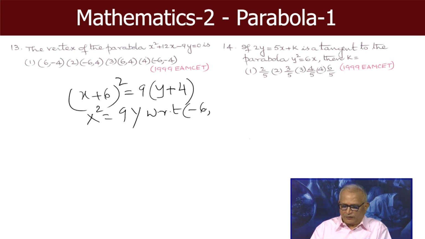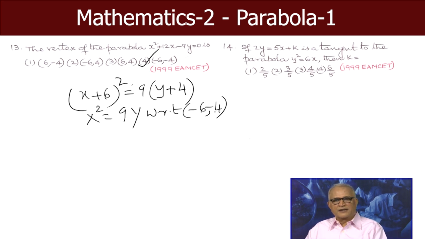So what is the vertex for this parabola? Origin. Origin means here (-6, -4). Therefore, (-6, -4) is the vertex of the parabola. Here is the origin in the old coordinate system, that is (-6, -4). So the vertex of the given parabola is (-6, -4).